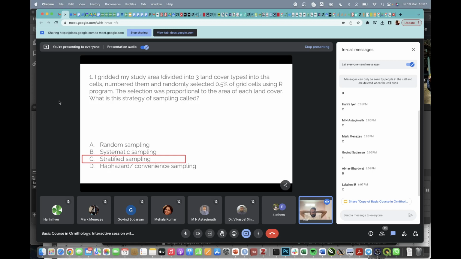I have a question on this. How are stratified and random sampling different?